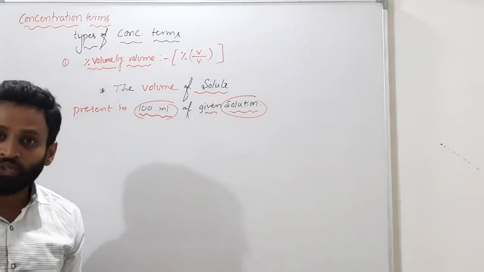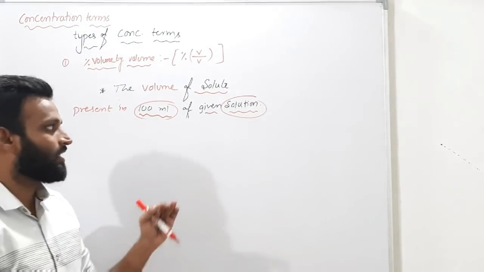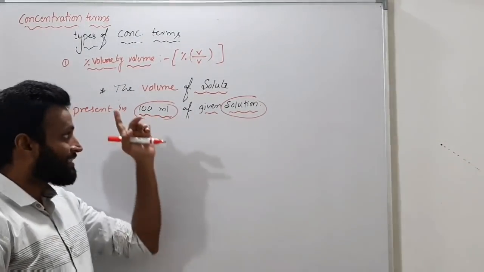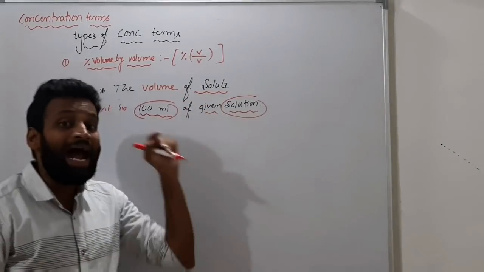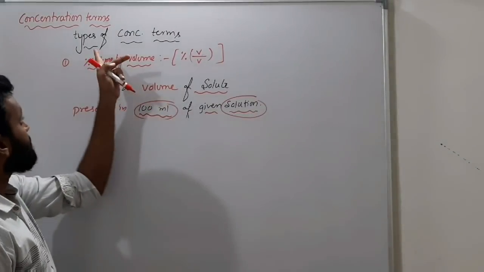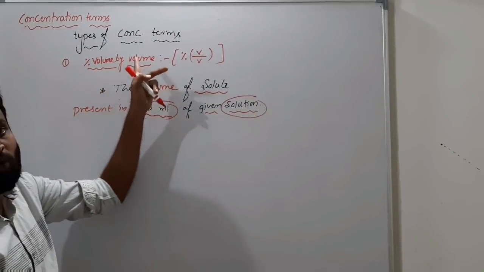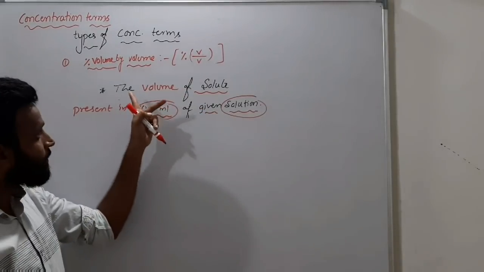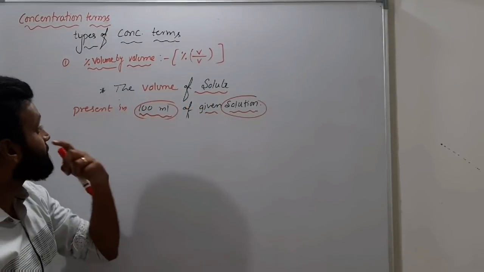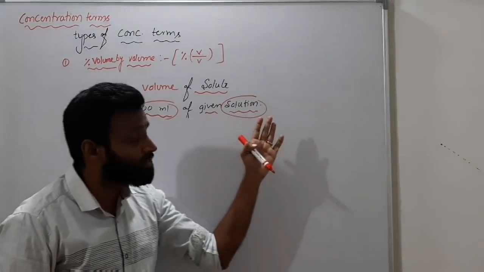So what was changed from previous to now: there, the weight of solute present in 100 ml of given solution was given, and now in this percentage volume by volume, the volume of a solute present in 100 ml of given solution is given.